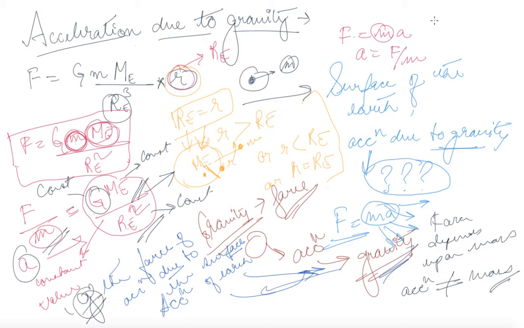The known value of g is 9.8 meters per second square. This is the accepted value of gravity on the surface of the earth.